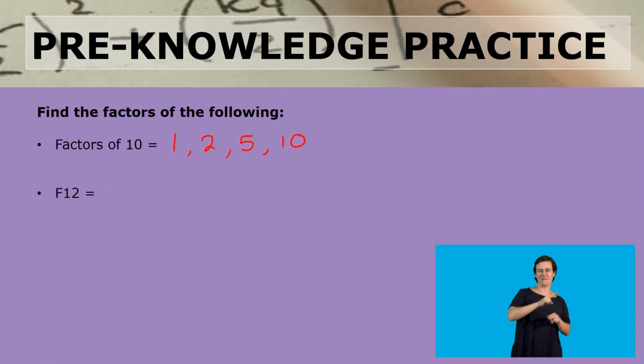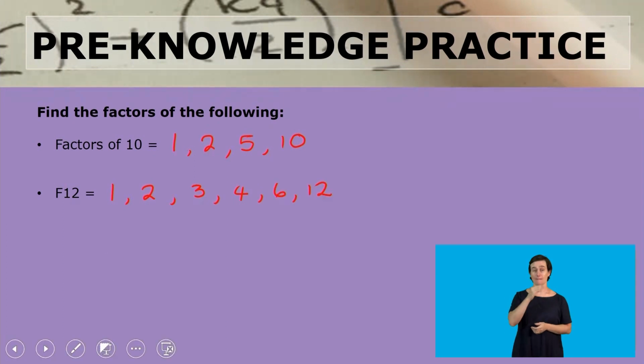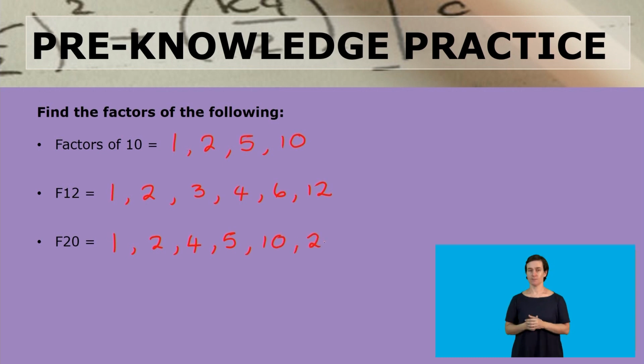Let's look at the factors of 12. 1, 2, 3, 4, 6, and 12. Okay? This means that if you take a pair of these numbers, they are those that give you 12 as the result. Then we have the factors of 20. 1, 2, 4, 5, 10, and 20.